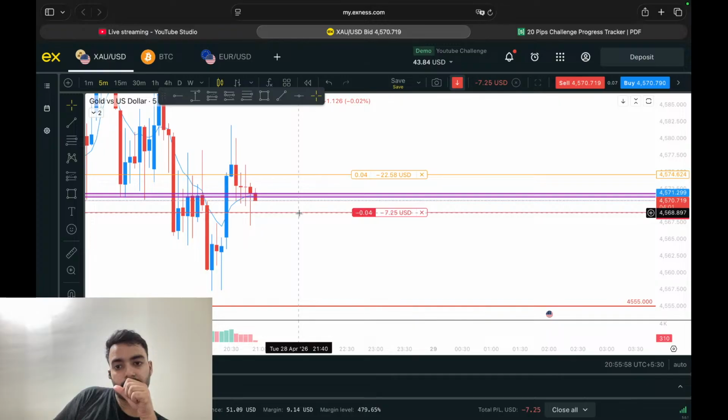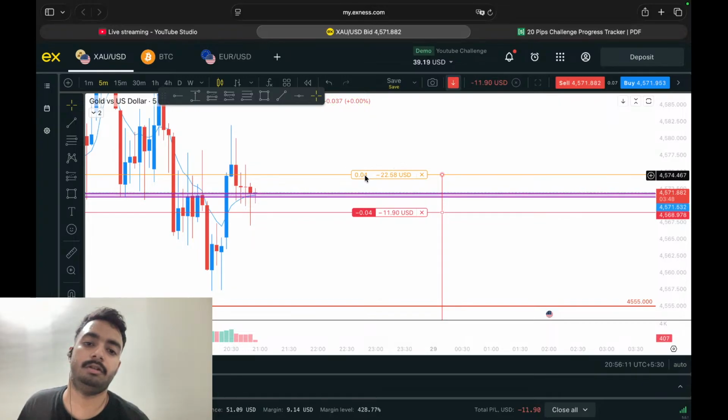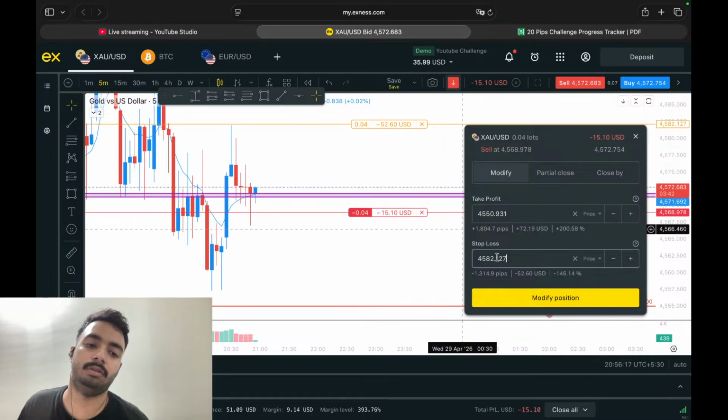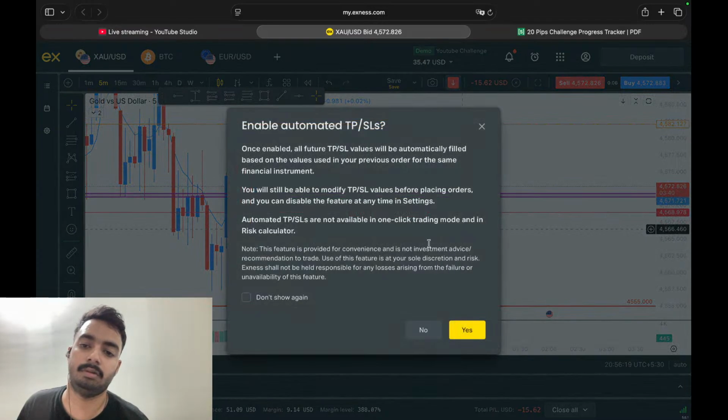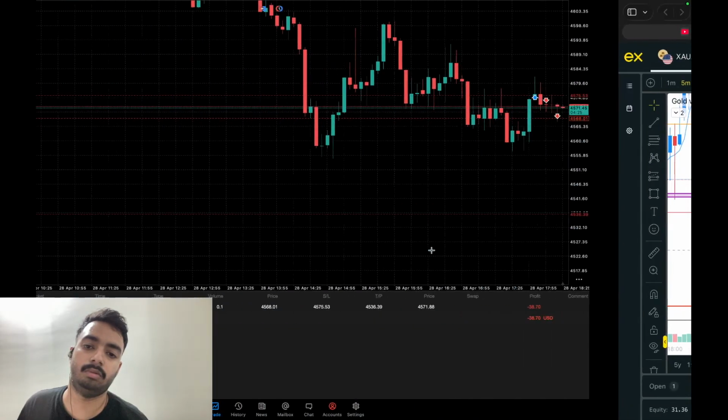We entered the trade here. We set our TP and SL to risk our entire account on this setup.